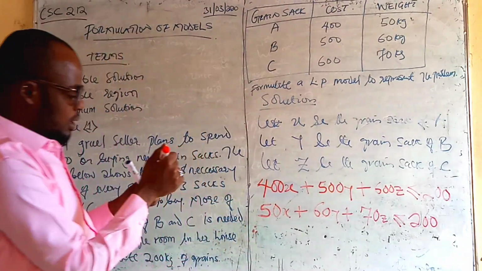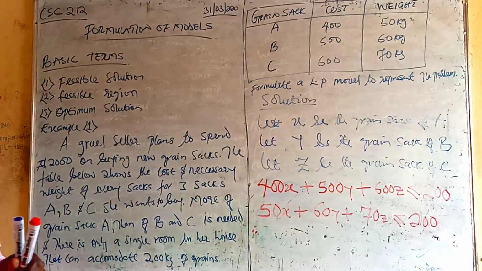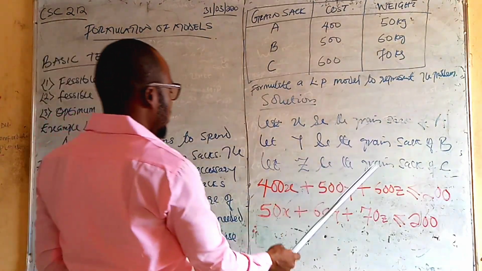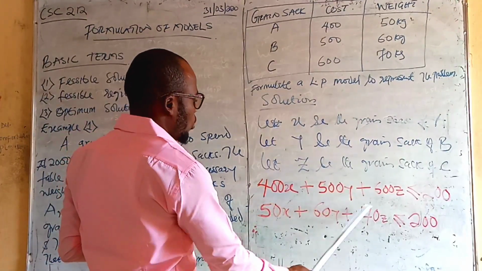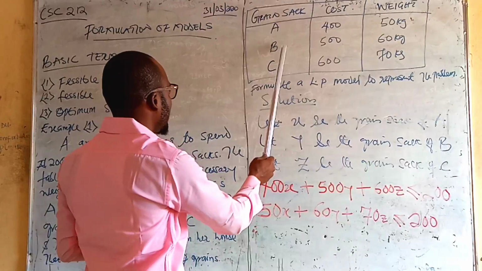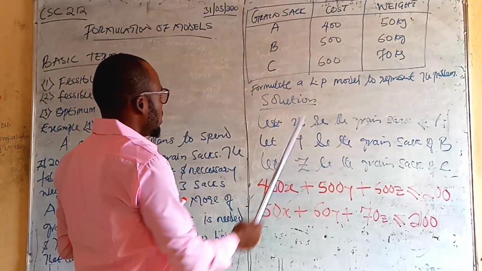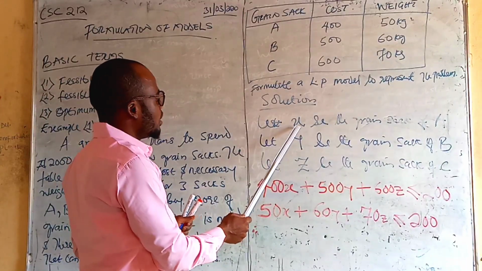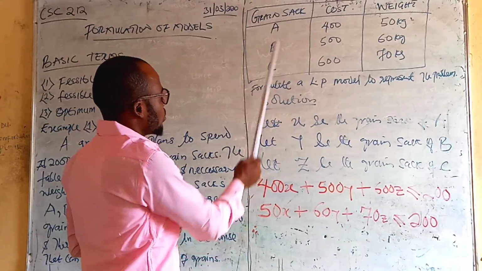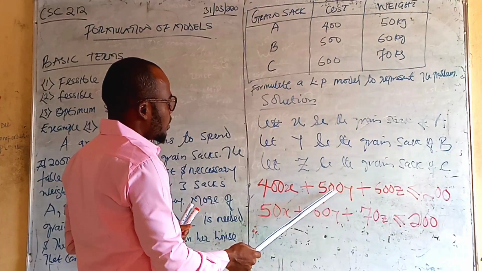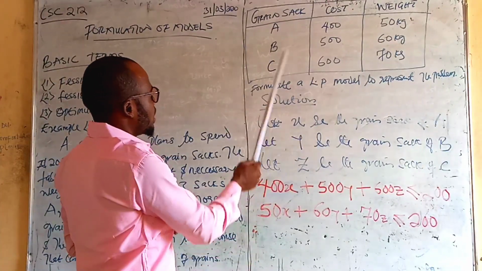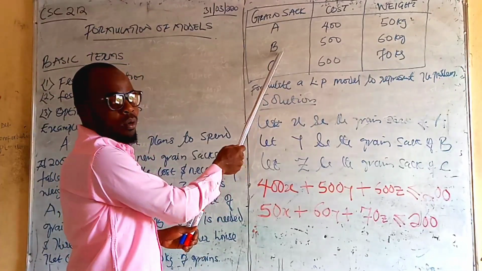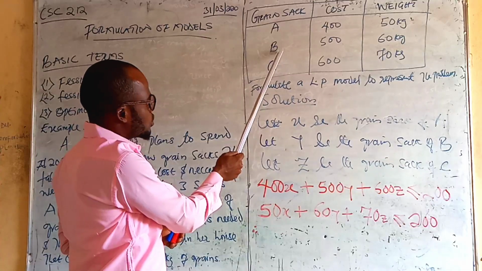So I hope this will be clear. Here is the total cost of every grain sack. Sack A is 400x, because we let X be the grain sacks of A, and then plus 500y, because we let sack B be equal to Y.